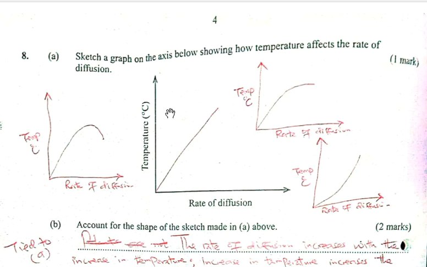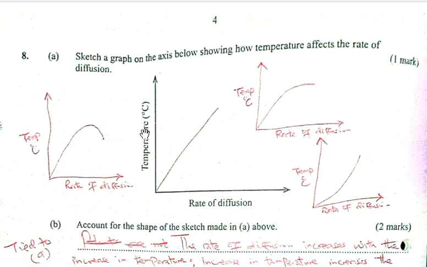Sketch a graph on the axis below showing how temperature affects the rate of diffusion. And we have our y-axis and the x-axis, and I think there was an error, because the temperature was supposed to be on the x-axis here and rate of diffusion on the y-axis, and the factors affecting diffusion, for example, temperature.